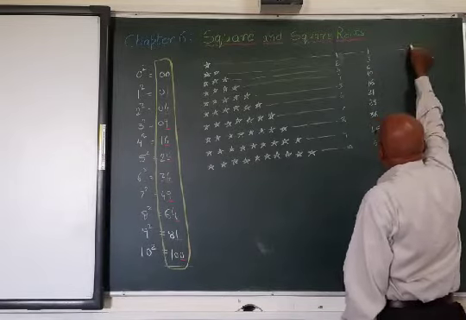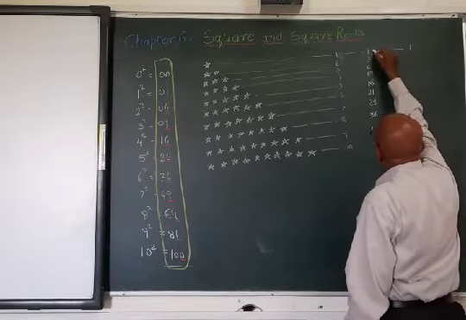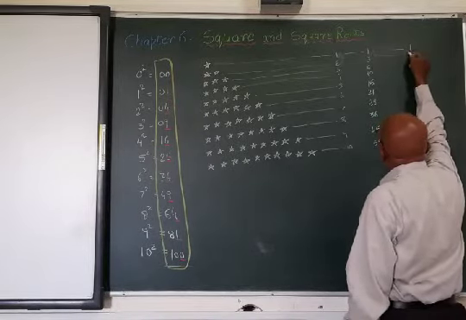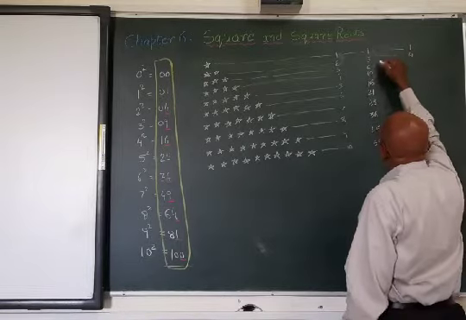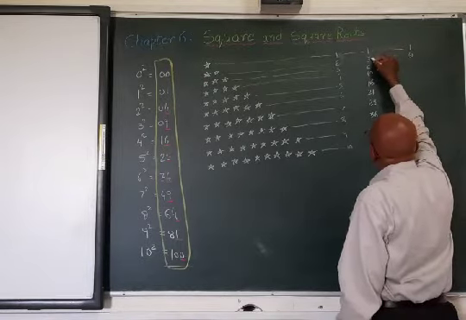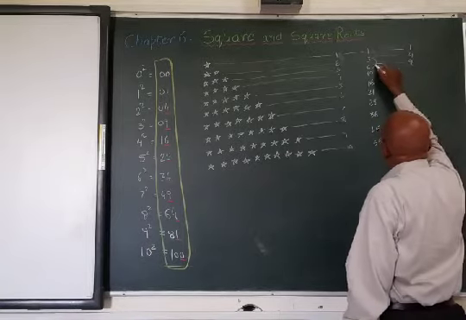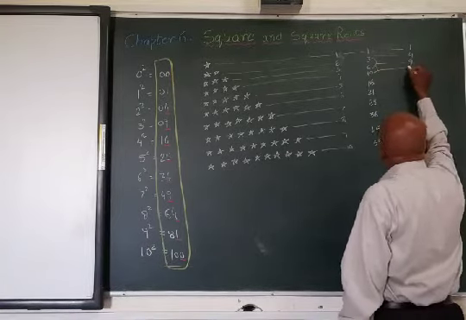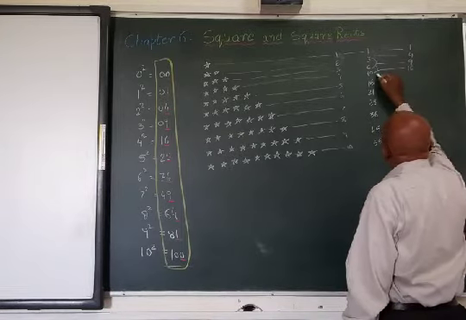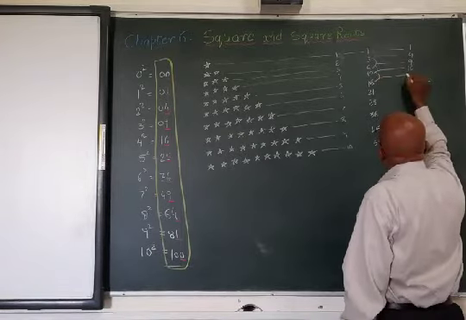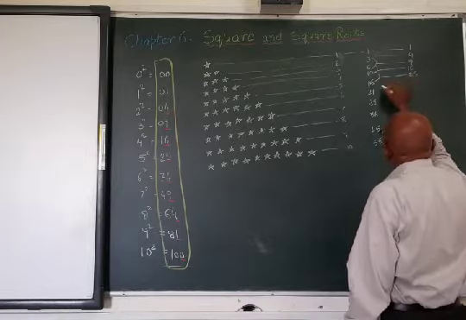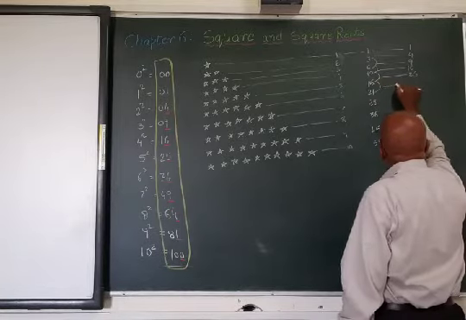Now 1 square is 1 itself. 2 square is the sum of this, 4. 3 square is sum of these two, it is 9. 4 square is sum of these two, 16. 5 square is sum of these two, 25. 6 square is sum of these two, 36.